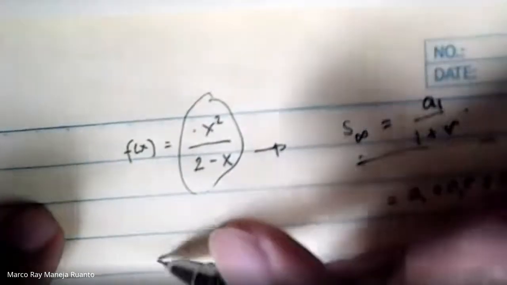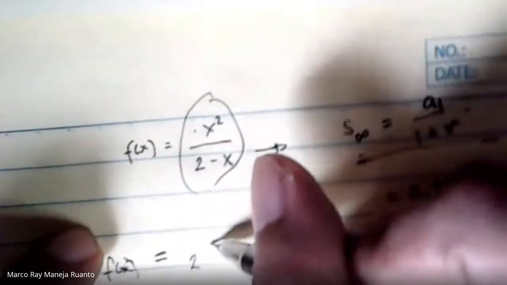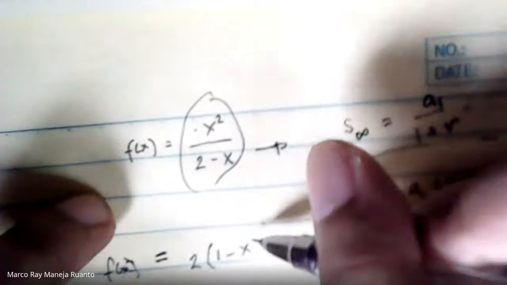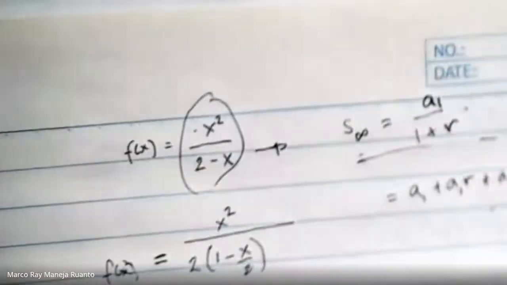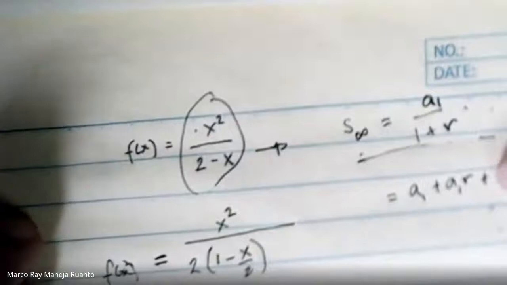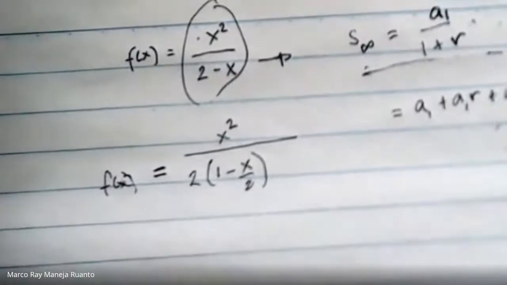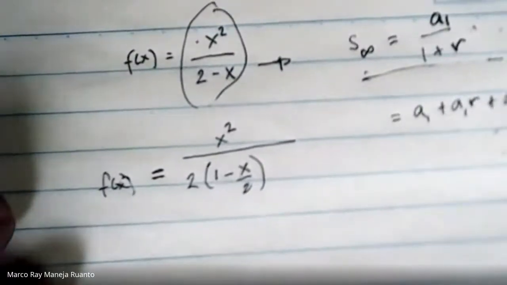So this becomes f of x is equal to 2 times 1 minus x over 2, then x squared. Is that right?